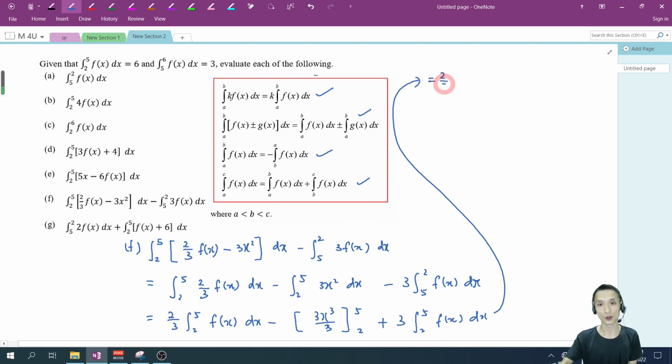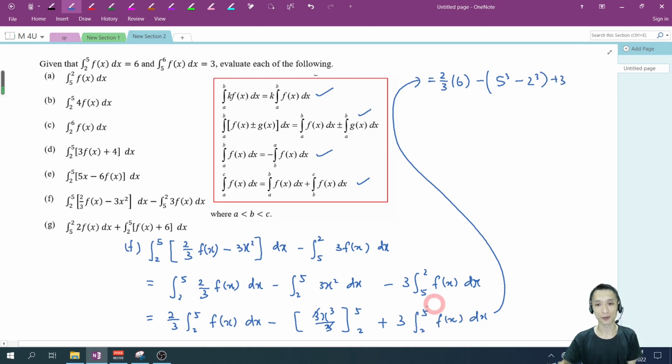2 over 3, this will give us 6. Minus. 5 cubed, so remember to put a parenthesis. 5 cubed minus 2 cubed, plus 3.